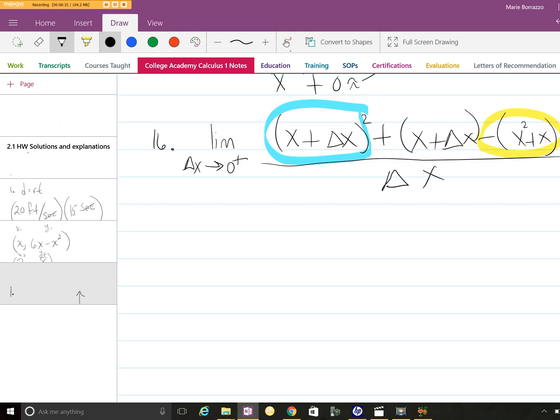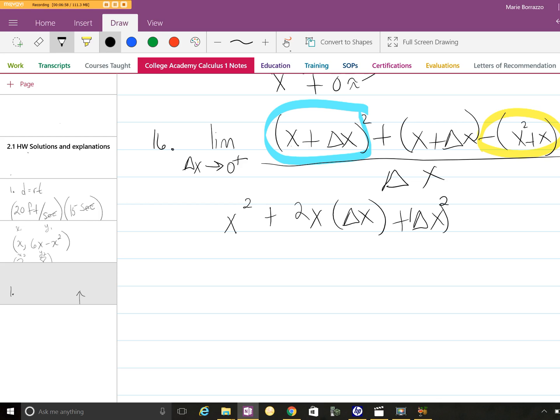So using FOIL, x times x is going to give me x squared. If I multiply x times the change in x, I'm going to end up with positive 2x change in x. And then the last part is simply going to be plus the change in x squared.